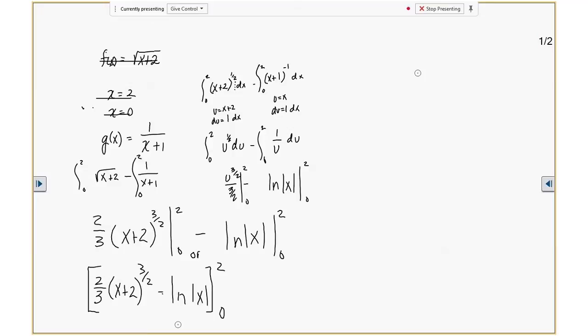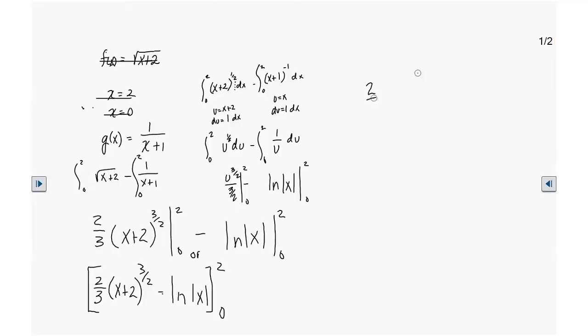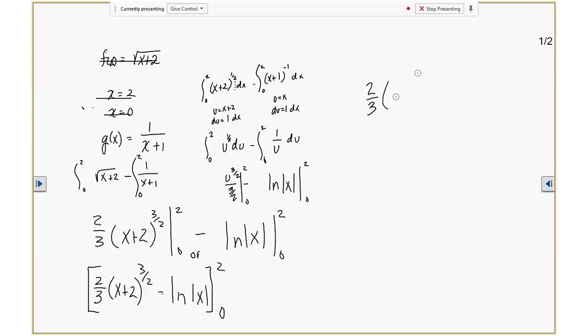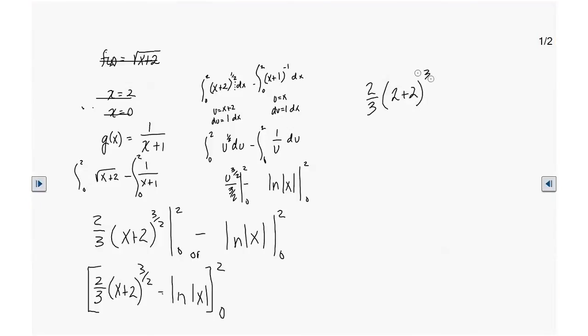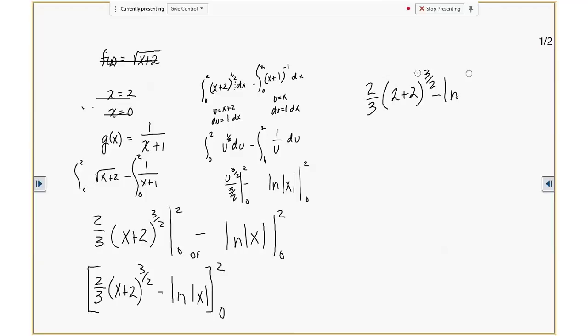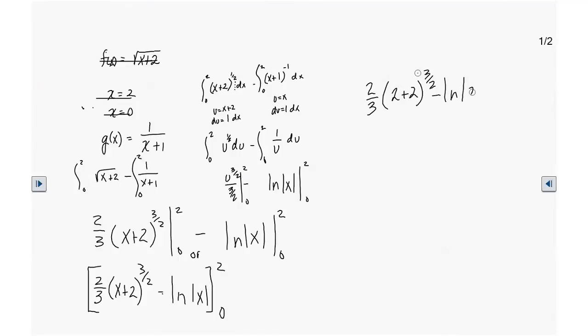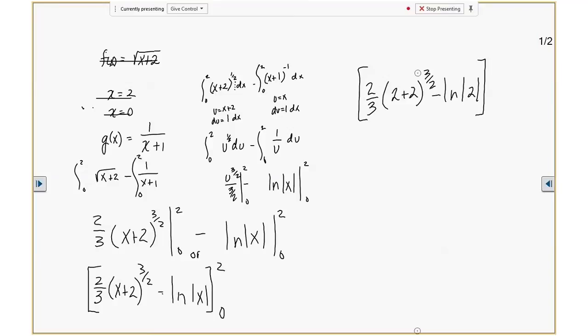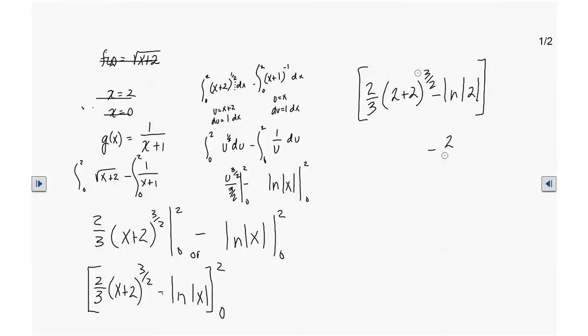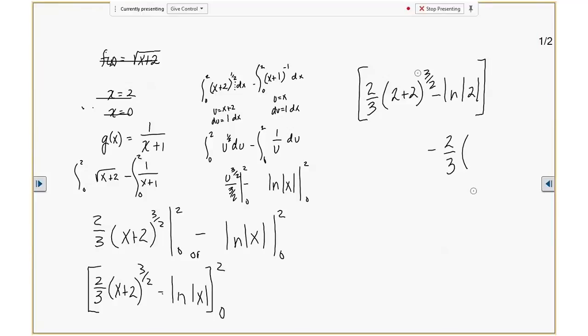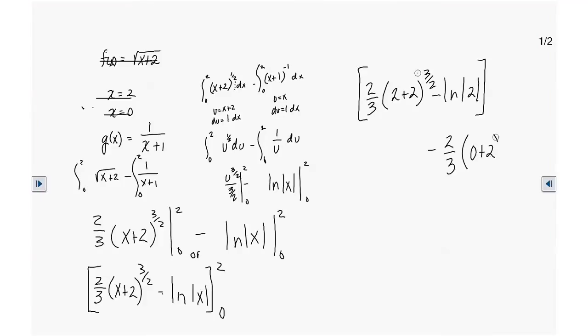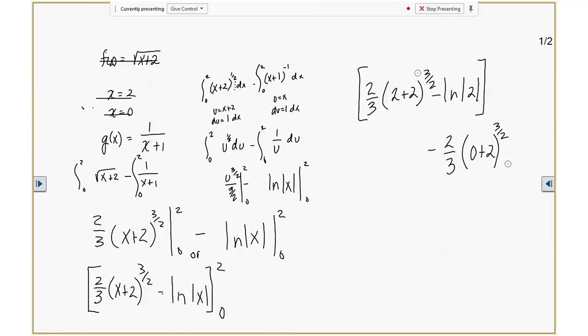Okay. So that's going to be 2/3 times (2 plus 2) to the 3/2 minus natural log of 2, in brackets, minus 2/3 times (0 plus 2) to the 3/2 minus natural log of 0.